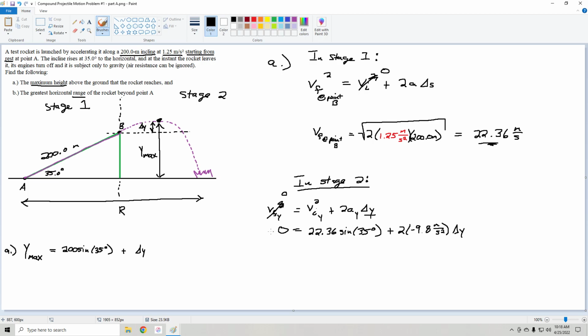Since we have a 0 on the left-hand side, we can move this whole quantity over to the left and easily solve. So let's go ahead and do that.